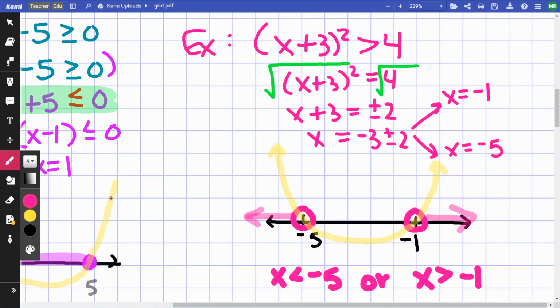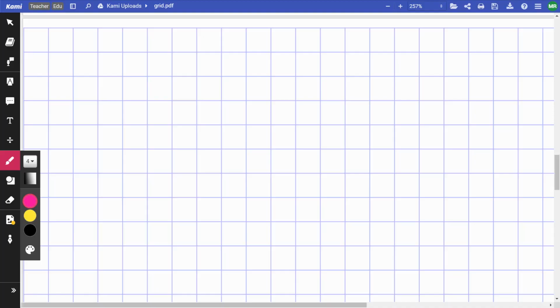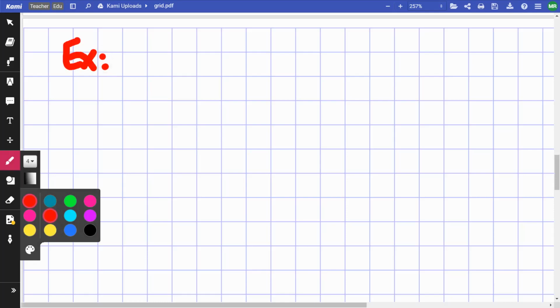Okay, so now we're going to try 2 absolute values. Let's say we have, for this example, absolute value of x minus 3 is greater than or equal to 5.